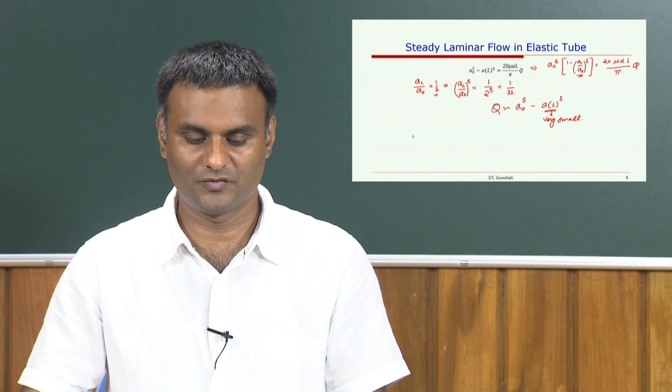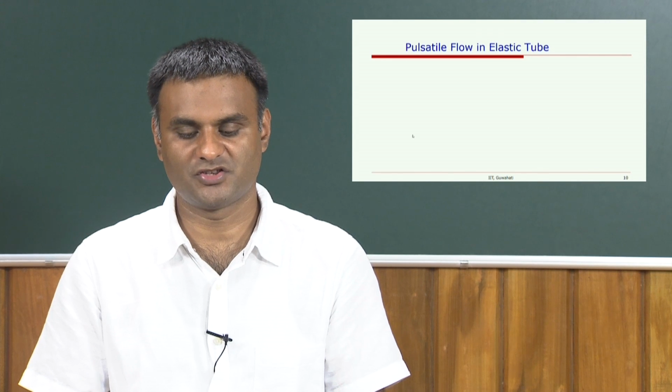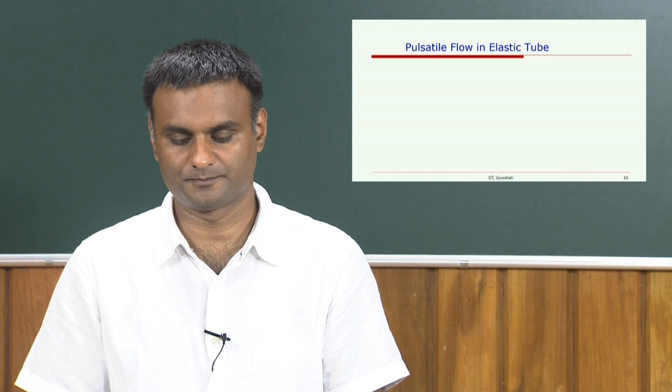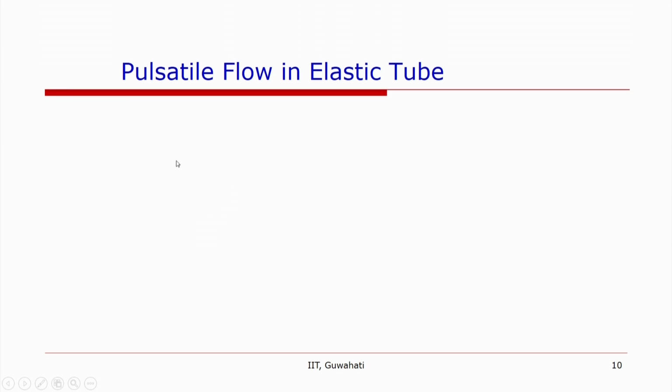Okay. Now we will look at the second problem, which is pulsatile flow in the elastic tube. So for pulsatile flow in the elastic tube, we will make certain assumptions and look at only a very ideal case.